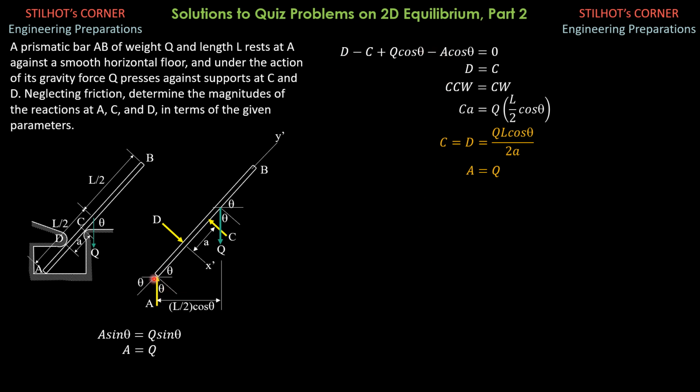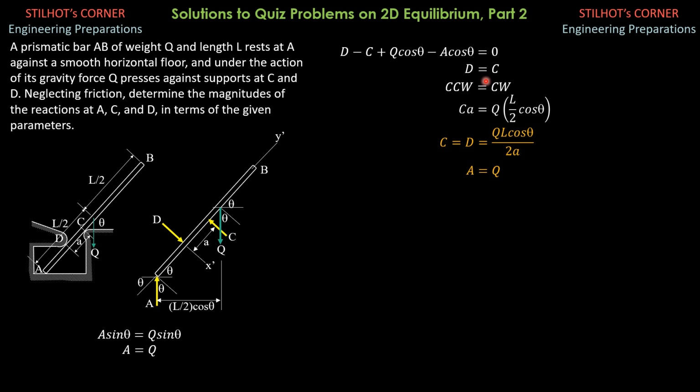So D minus C plus Q cosine theta minus A cosine theta equals 0. But A is equal to Q, so these last two terms vanish, leaving D equals C as our conclusion.